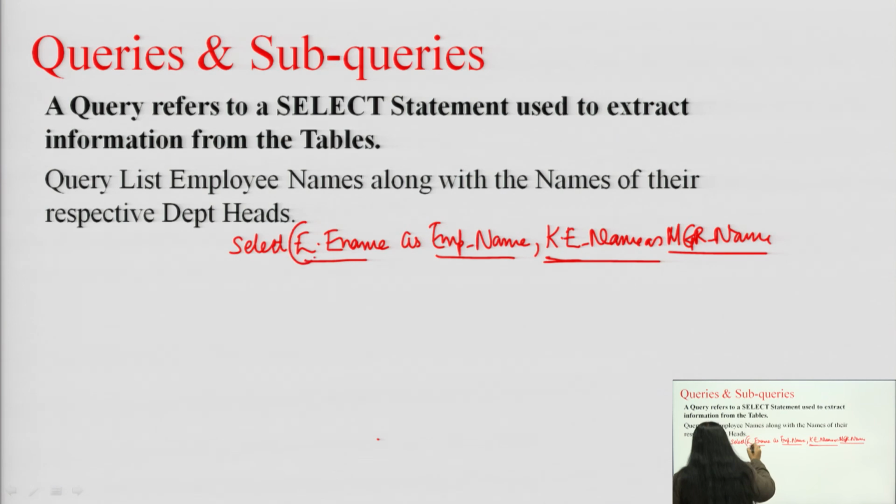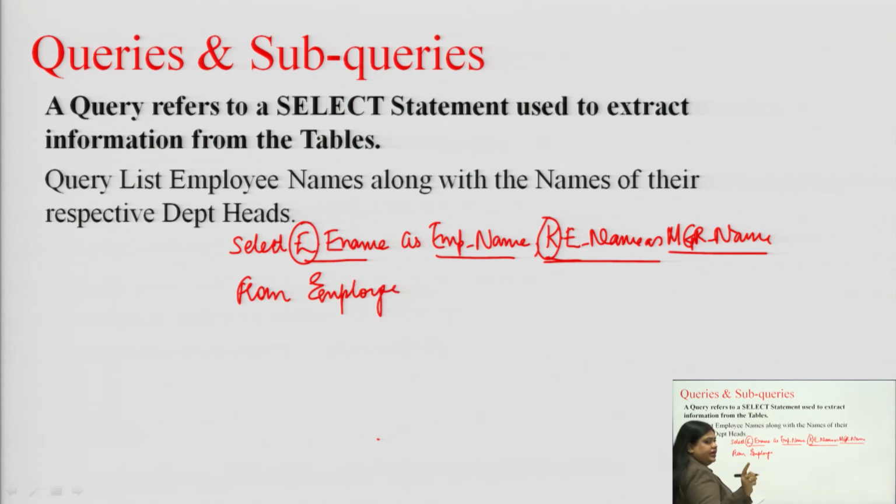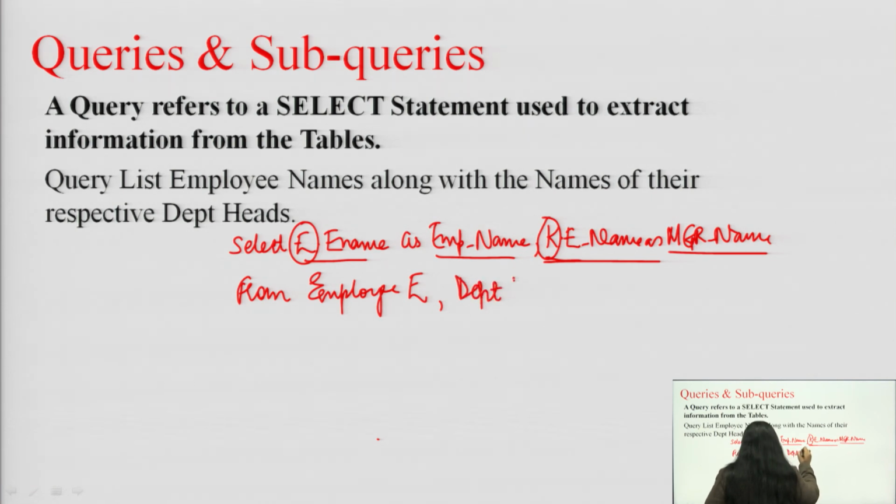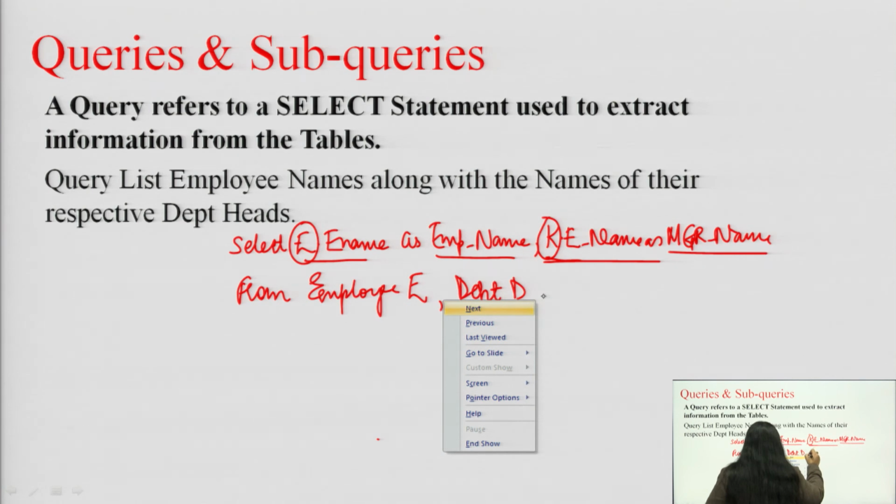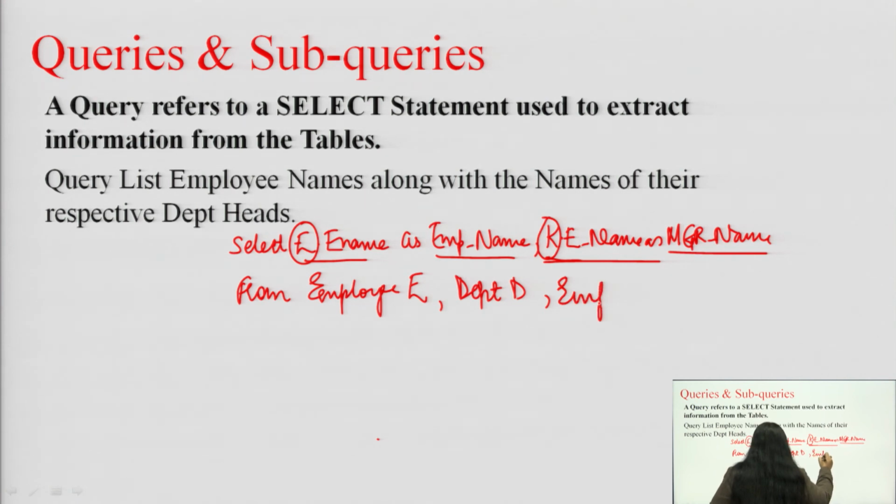Now, what are this K and E that I am going to specify? From employee. So, our table name was employee. We are renaming it as E, from employee E and from department D, and one more renaming, employee K. So, you can see the employee table has been renamed by two names, E and K. Why?